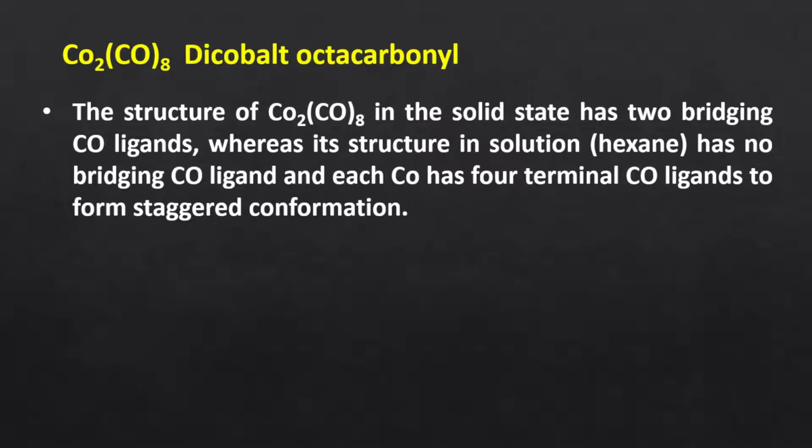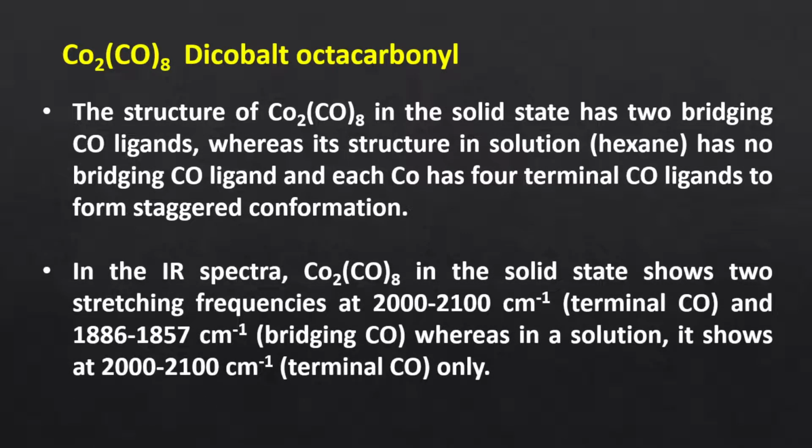In the FTIR spectra, dicobalt octacarbonyl in the solid state shows 2 stretching frequencies at 2100 cm inverse and 1886-1857 cm inverse, which correspond to terminal carbonyl and bridging carbonyl respectively. Whereas in solution, it shows a band at 2000-2100 cm inverse, which corresponds to terminal carbonyl only.